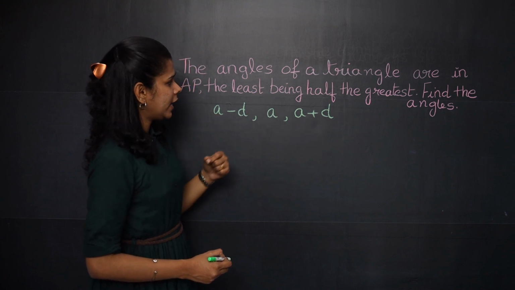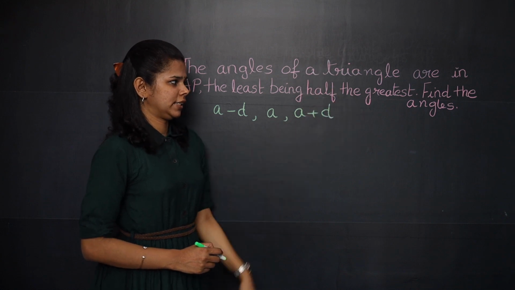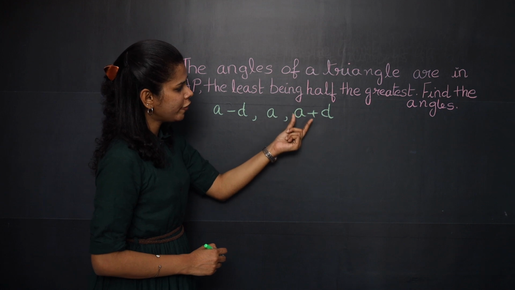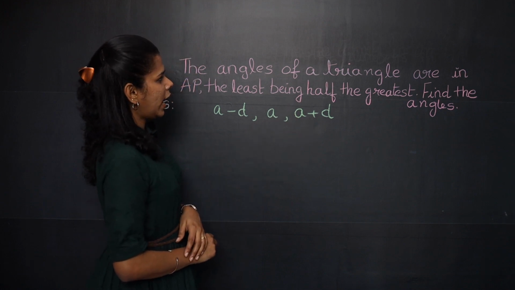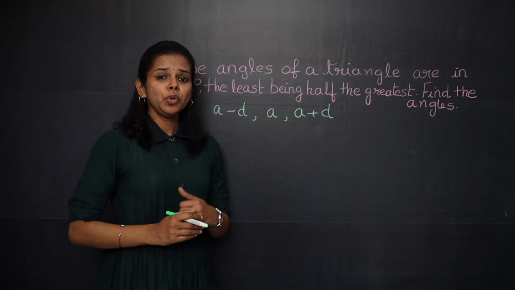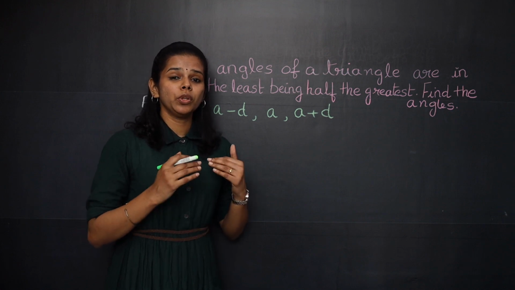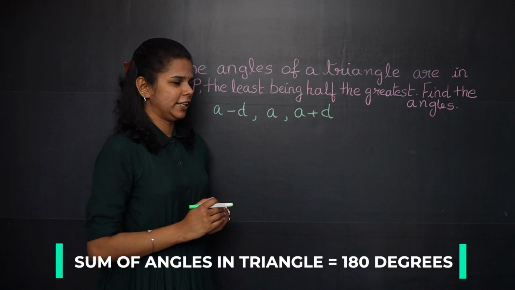So it is given that the least being half the greatest, which means A minus D is half of A plus D. Now, the angles of a triangle are in AP. We also know the angle sum property of a triangle. You know the sum of the 3 angles in a triangle gives you 180 degree.